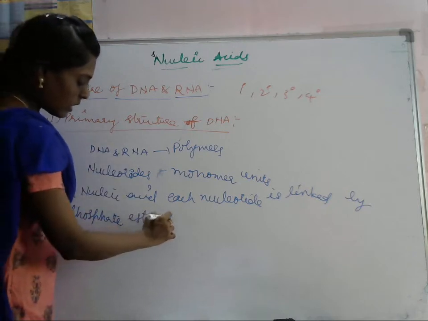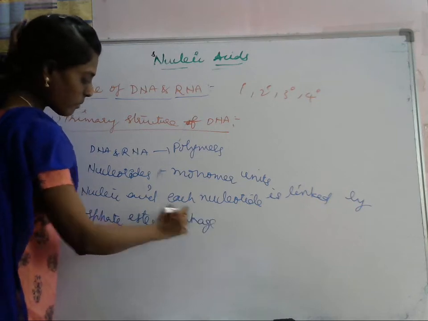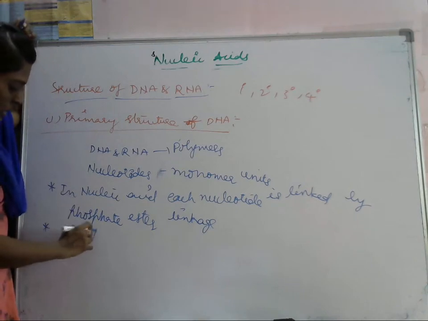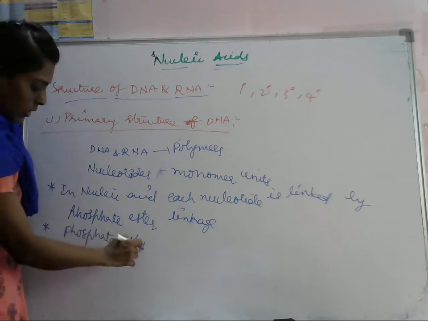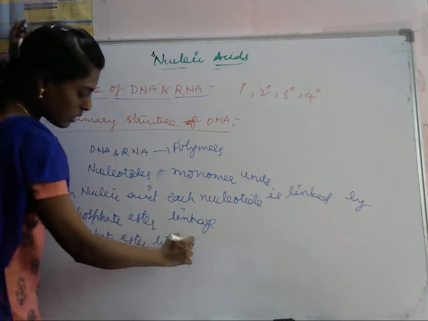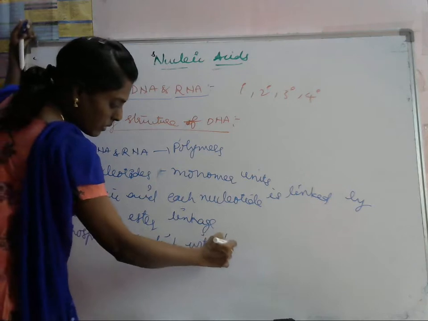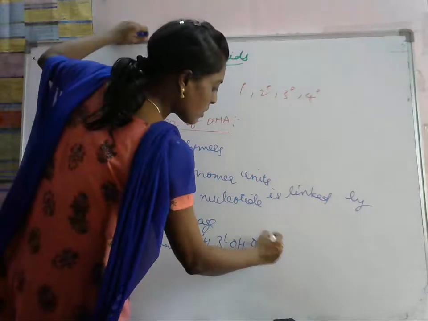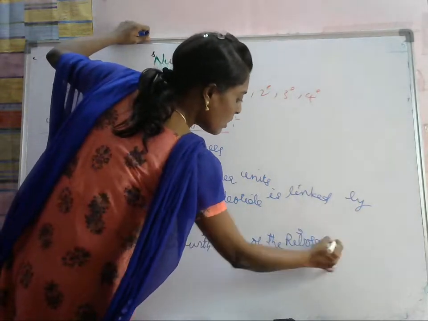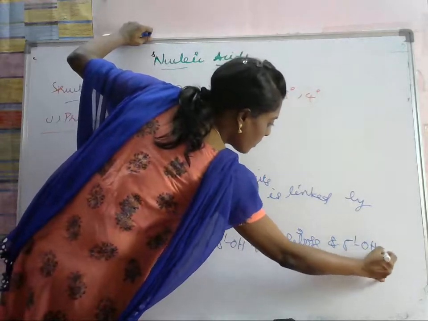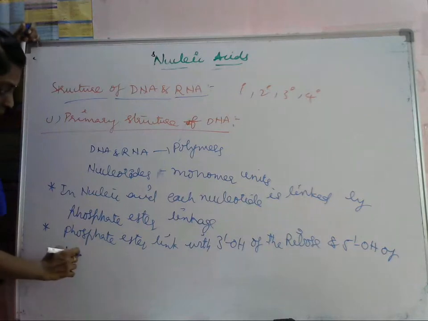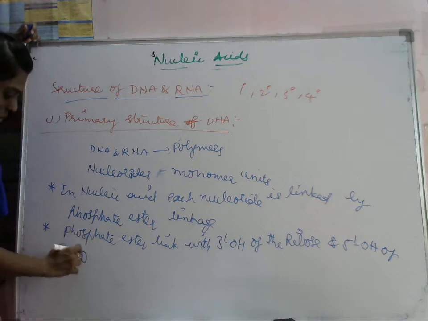Phosphate ester linkage: this phosphate ester links the 3' hydroxyl group of the ribose and the 5' hydroxyl group of the deoxyribose of another deoxyribose.